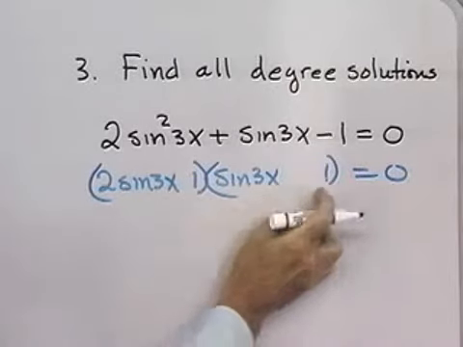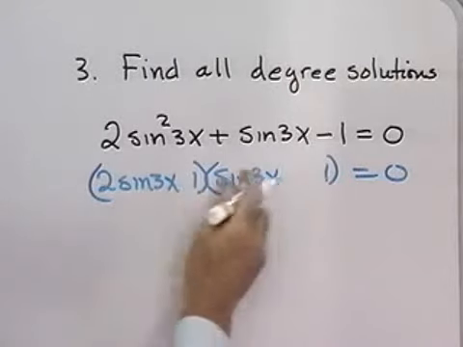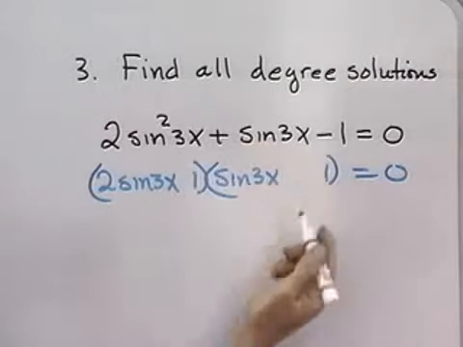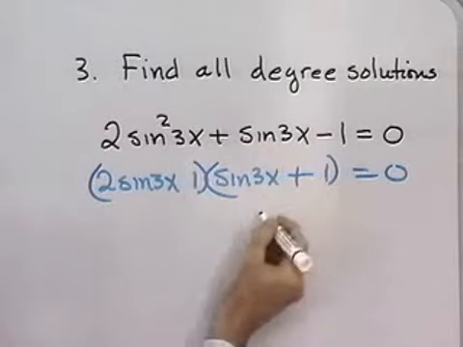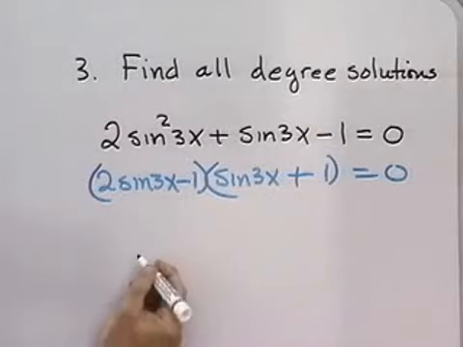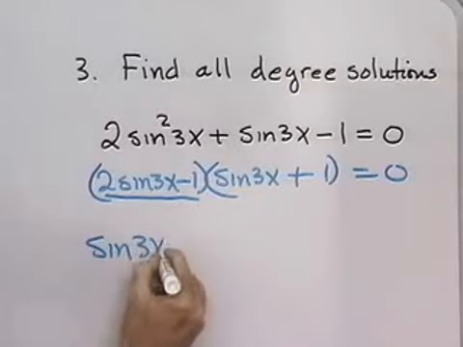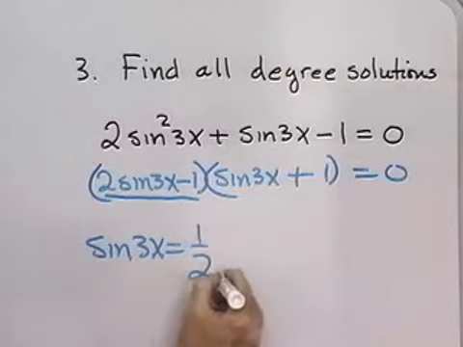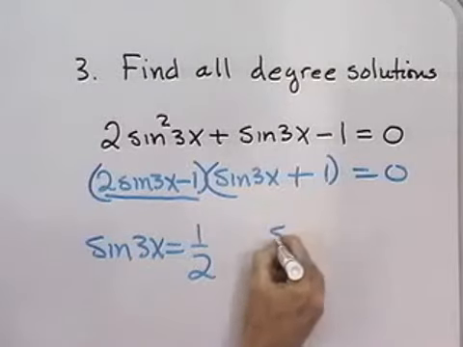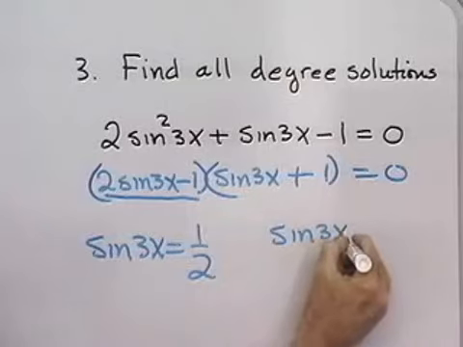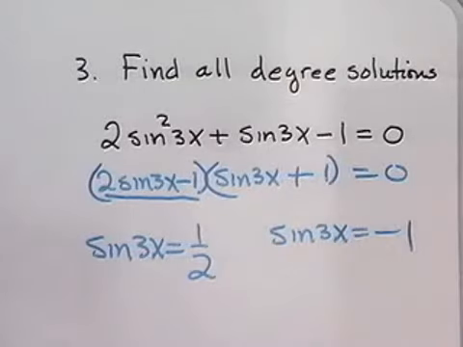Inside is 1 sine 3x, outside is 2 sine 3x. I want that middle term to come out to be positive sine 3x, so I'll make that positive and that negative. I set this factor equal to 0, and I have sine 3x is equal to 1/2. I set this factor equal to 0, and I have sine 3x is equal to negative 1.